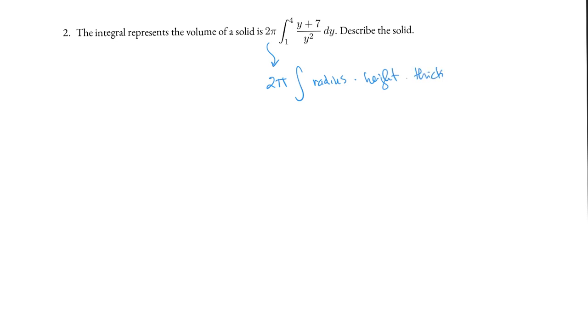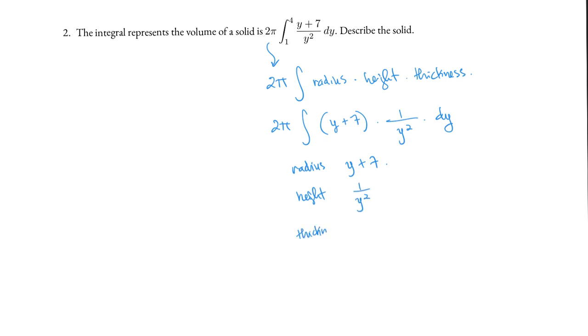And so the thickness in this case is delta y. Rearranging the integrand, we can rewrite it as y plus 7 times 2 pi, and then 1 over y squared, and then dy. Thus, the radius is y plus 7. The height of the shell is 1 over y squared, and the thickness is delta y, or dy.